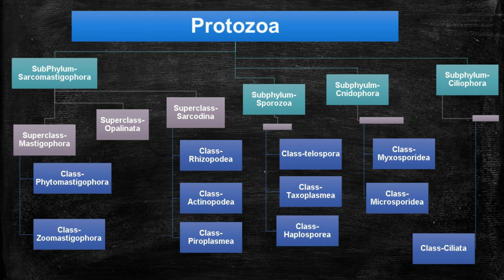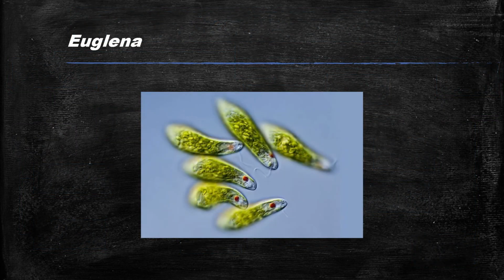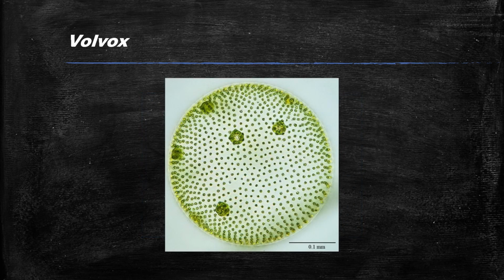Considering reproduction, sexual and asexual reproduction is observed. With respect to the body, it is naked but has a firm pellicle outside it, and their mode of nutrition is generally heterotrophic or mixotrophic, where two or more modes of nutrition are observed.